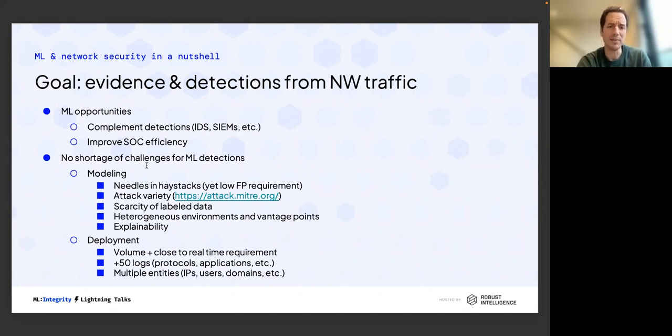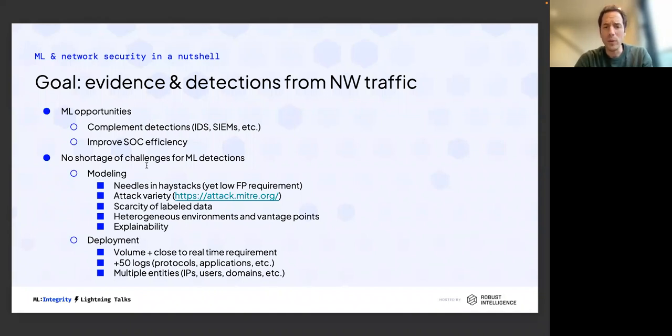Second, there are many different types of attacks out there. If you're curious, I invite you to check the ATT&CK project run by MITRE, where they have descriptions of known attacks, and you'll see hundreds of them. To add to it, there's not a lot of labeled data, which means that we often have to craft our own data sets and do simulations and some magic so that we can actually create these models.